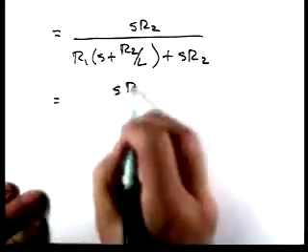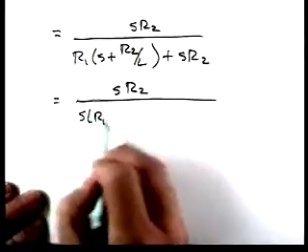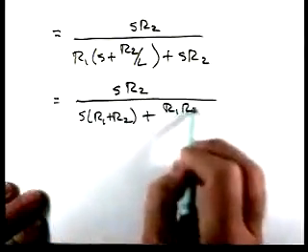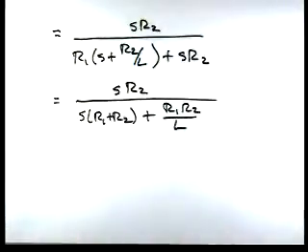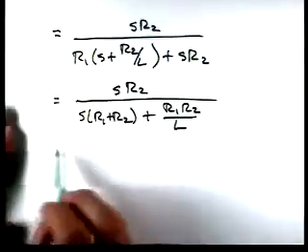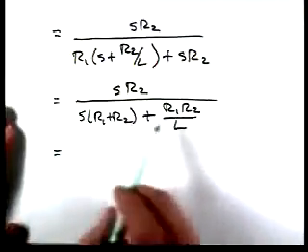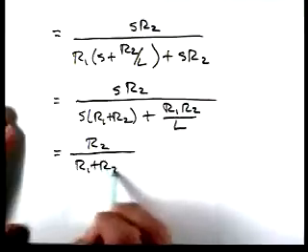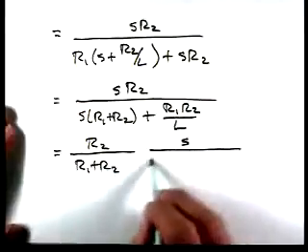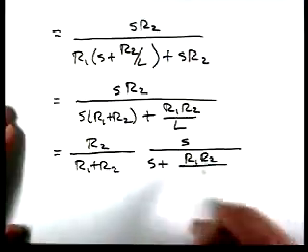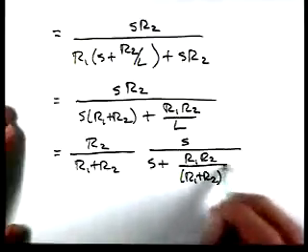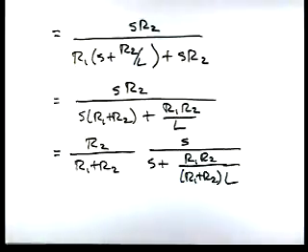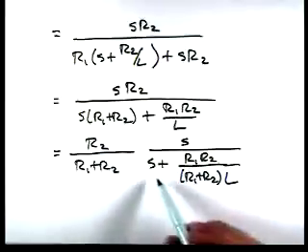And rearranging, we'll have SR2 over S times R1 plus R2 plus R1 R2 over L. So again, now we're just working through the algebra, and we can factor out an R1 plus R2 out of the denominator term, so we can write this as R2 over R1 plus R2, and then we have S over S plus R1 R2 over R1 plus R2 times L. And if we continued on, for instance, we could get this into our standard form.